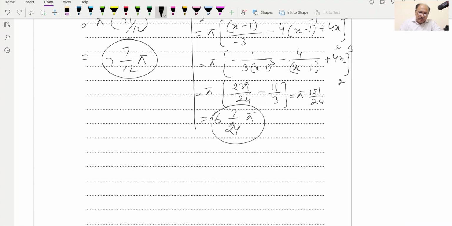Now we will be subtracting, no, not subtraction, basically it will be addition.